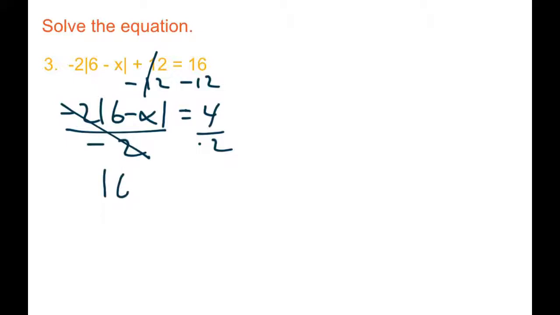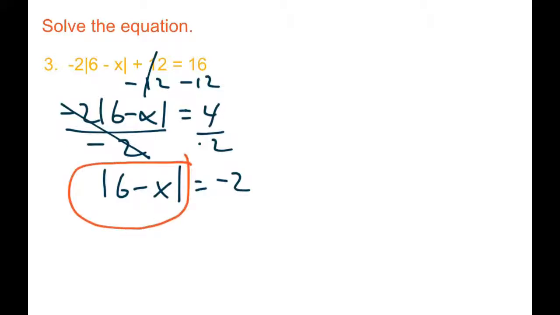The absolute value of 6 minus x equals 4 divided by negative 2, which is negative 2. And at this point I'm going to stop because it doesn't really matter what value I put in for x. If I take the absolute value, I can never get a negative over here. So I'm going to stop and say that the answer is no solution.